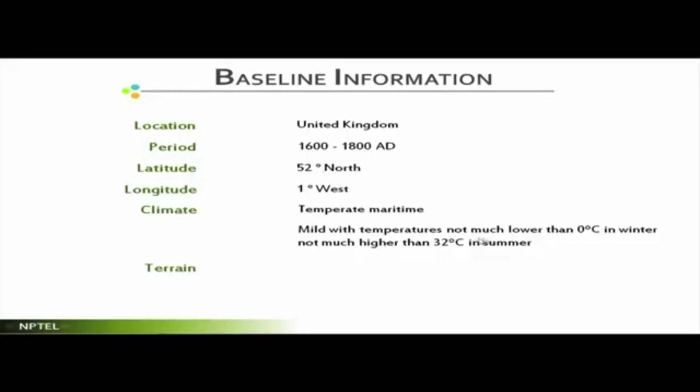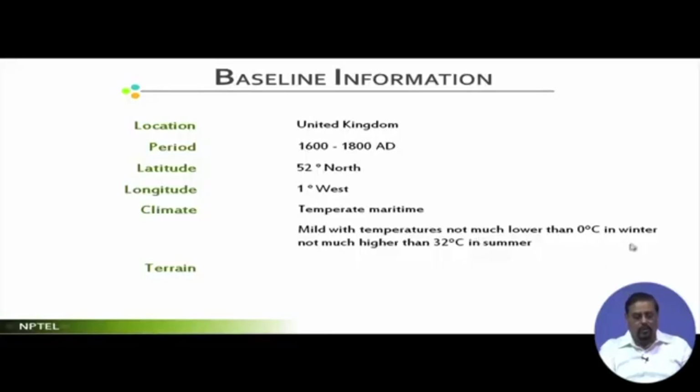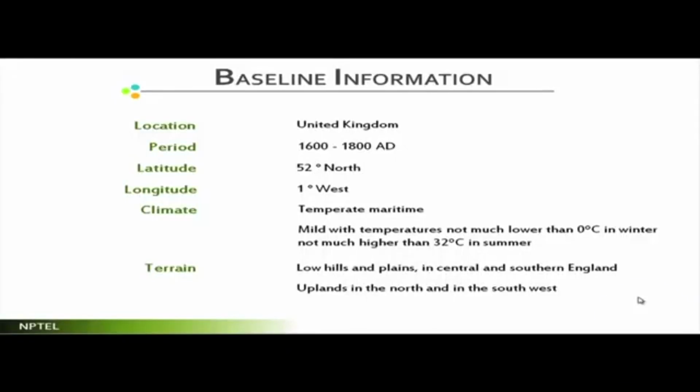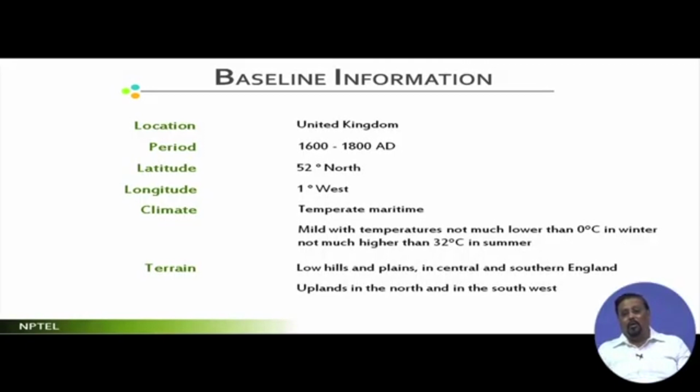Mild, with temperature in winter not much lower than 0 degrees Celsius and not much higher than 32. That temperature range from 0 to 32 is a normal temperature which our body can really adapt to. They are blessed. And the terrain: low hills and plains in the central and southern part, and uplands in the north and in the southwest. So it's basically uplands, and then plains and low hills.